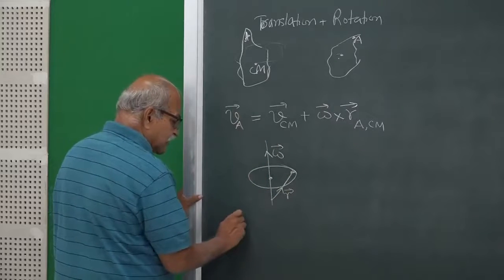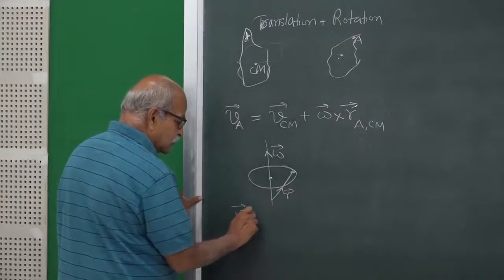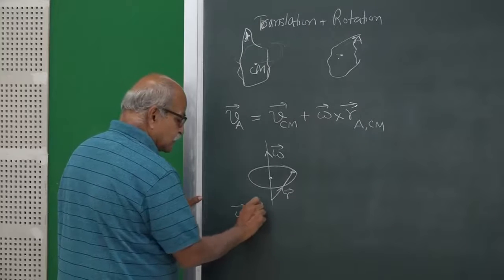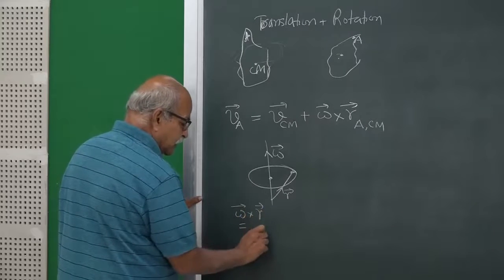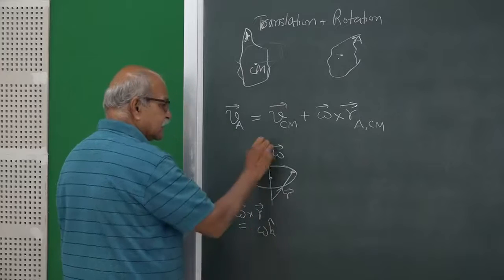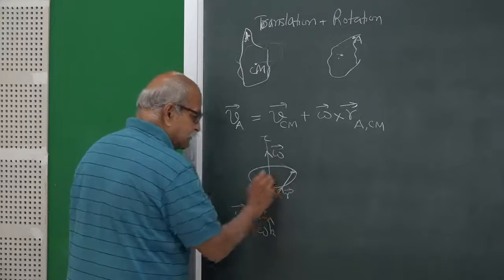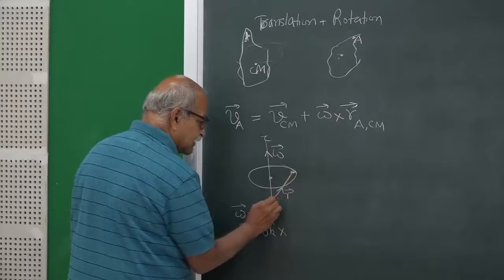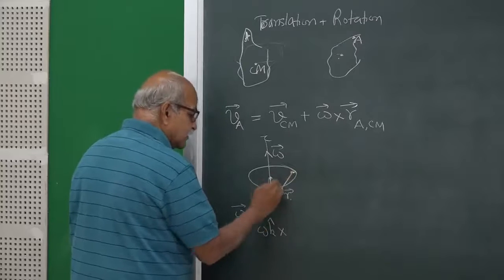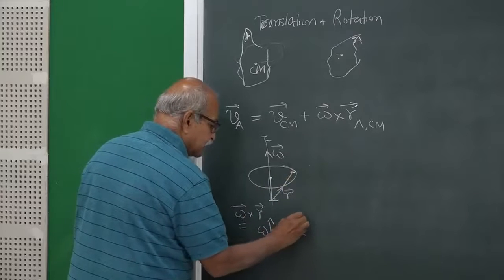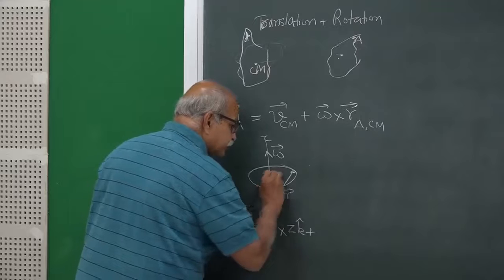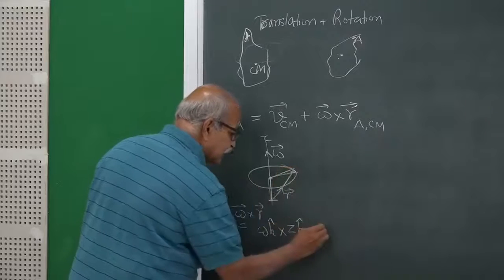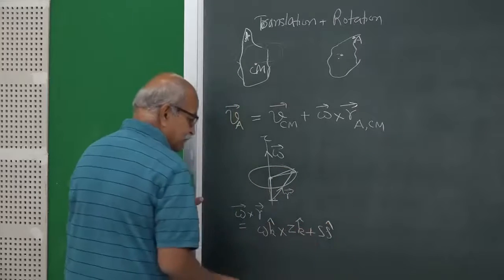How can we see it? Omega cross r: omega is in the z direction, suppose this is the z direction, and we will use cylindrical coordinates. So, this r vector is z in k cap direction plus s in s cap direction.